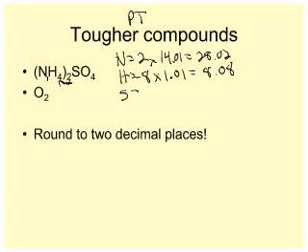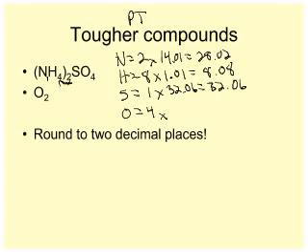Sulfur. I have 1 sulfur. I go to the periodic table. I see there's a 16 and a 32.06. I'm always going to use the one with the decimal. So it's 1 times 32.06 is, got your calculators? And then oxygen, I have 4 times, check the periodic table, 16.00, 64.